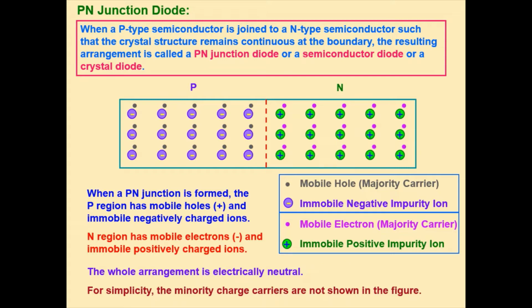Actually, in this crystal or diode there are minority charge carriers also. On the p side we have free or mobile electrons, and on the n side we have mobile holes. So there are both types of charge carriers on both sides. For simplification, here we are showing only the majority charge carriers.